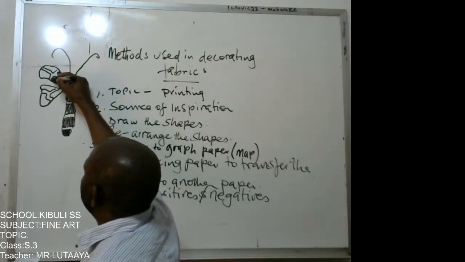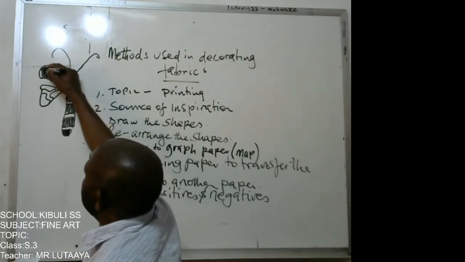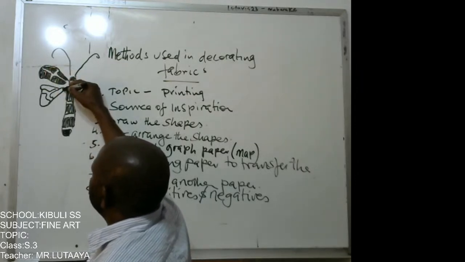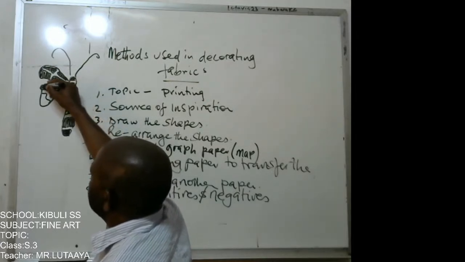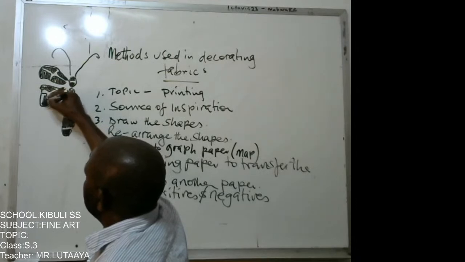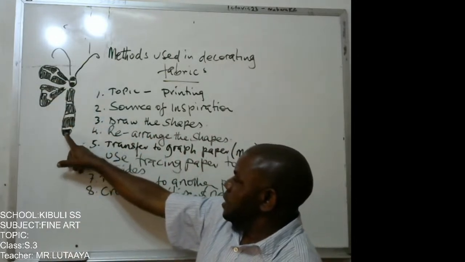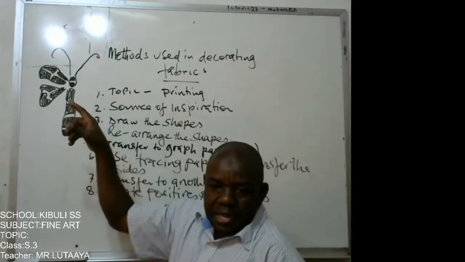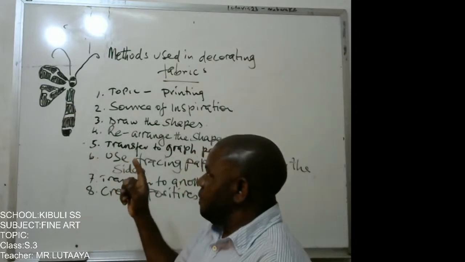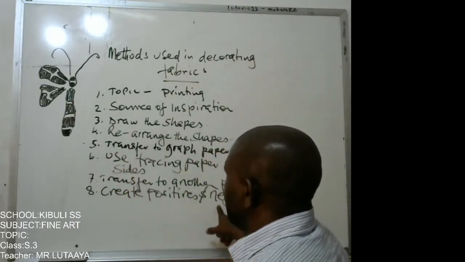So we are creating the positives and the negatives. The shaded parts are the positives. The unshaded are the negatives. So we are creating the positives and then the left out parts unshaded, they are the negatives. So that is create positives and negatives on the design.